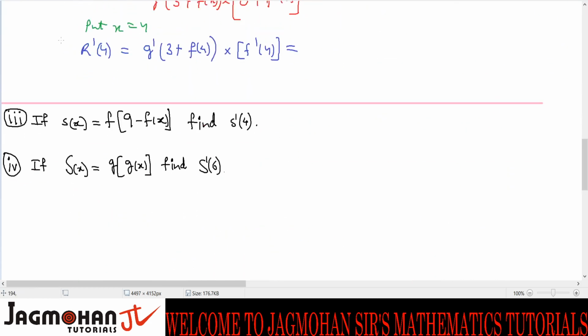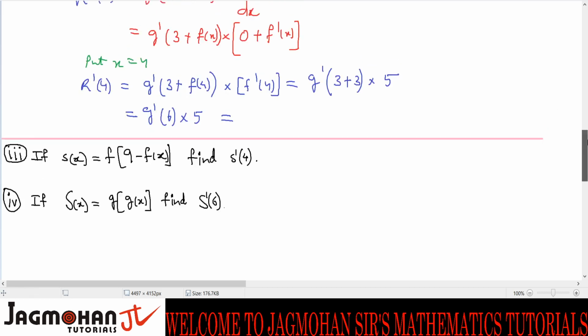So here I write this is g dash 3 plus 3, f of 4 is 3 and this is into 5. So that is equal to g dash 6 into 5. And then I go for the value of g dash 6.